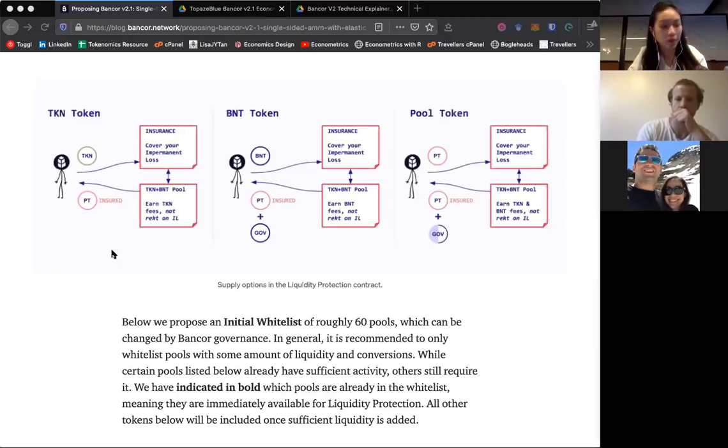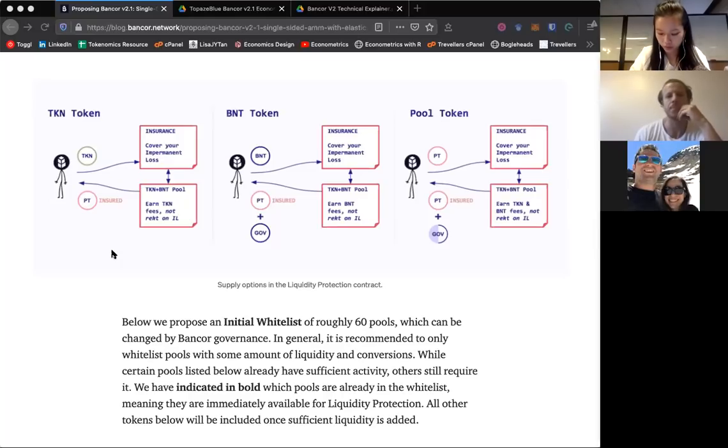Okay, we have to repeat that a bit again. So when the value of TKN reduces, wouldn't arbitrageurs come in to equalize the value of whatever is in the pool versus whatever is outside? Yeah, exactly. And as a result of that, more TKN will exist in the pool.